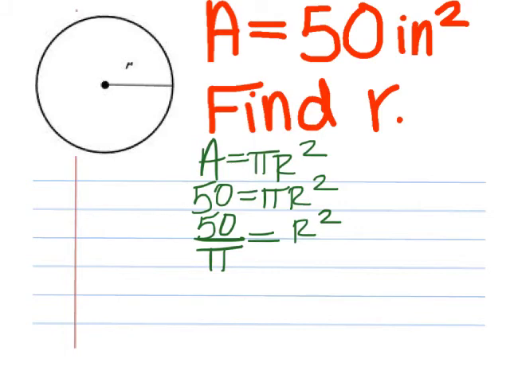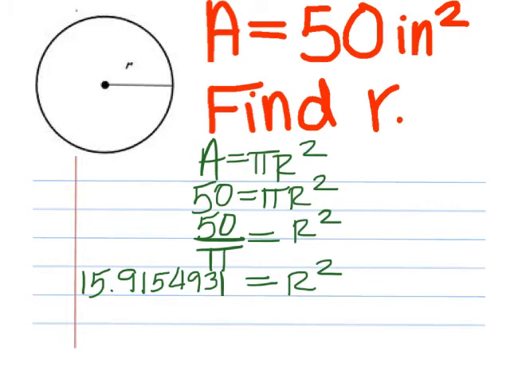Now in your calculator, do 50 divided by pi, and you'll get 15.915493 and then 1. And that would be r squared.